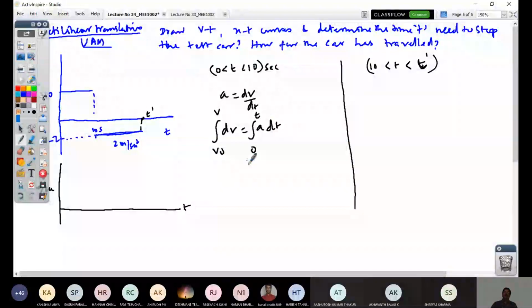Now I can write this as v minus v0 equals the integral from 0 to t of a dt, which is at. And now what is v0? You are given the statement that the test car starts from rest.